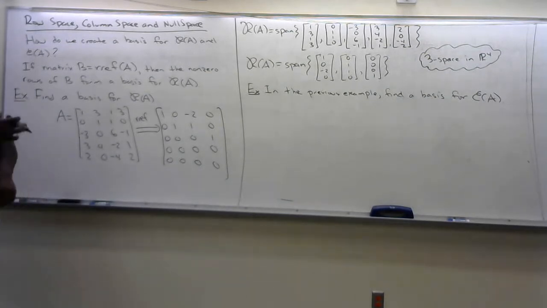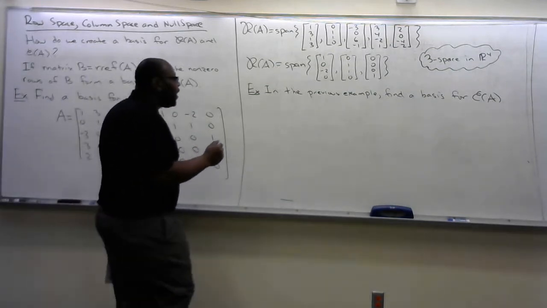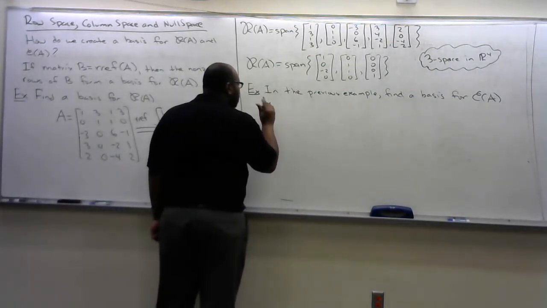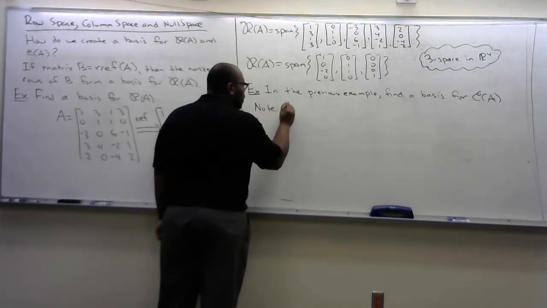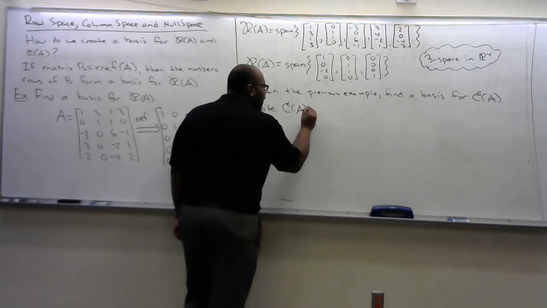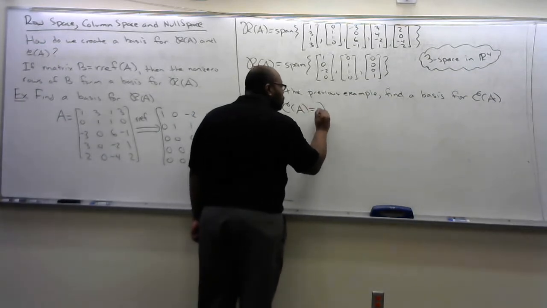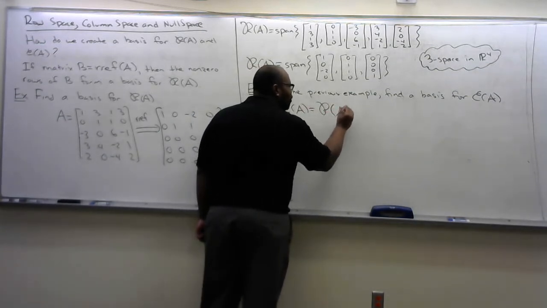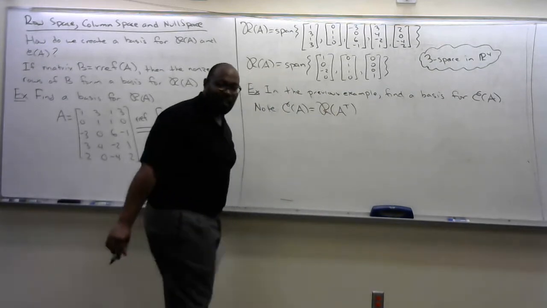The nice thing is that there is a relationship between the row space and the column space. I'm going to make a note, it's in the PowerPoints as well: the column space of A is equal to the row space of A transpose. So that transpose is actually useful for something.